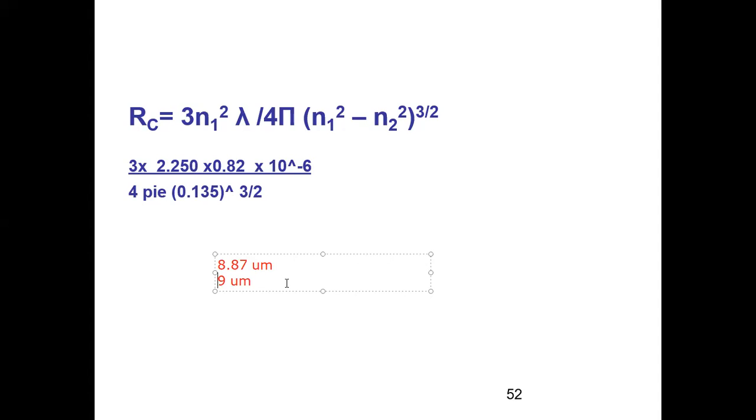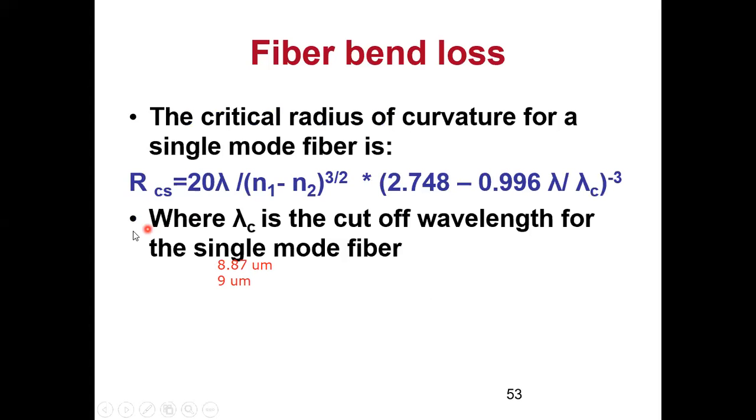Now coming to the second part, the one after this, the formula for a multimode operation. If you see, lambda is given, but I need to have the value of lambda c. So lambda c is the cutoff wavelength. I'll get it from the V number formula.